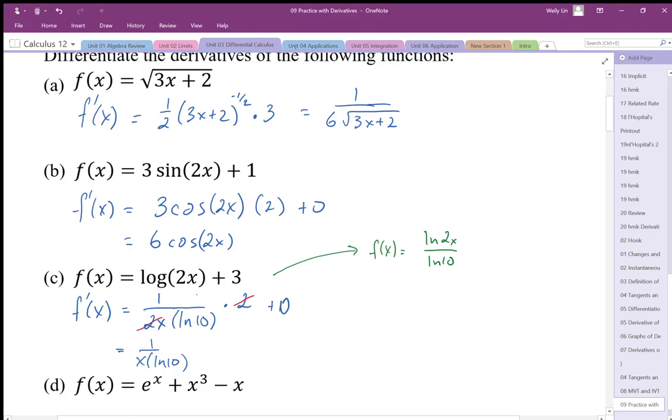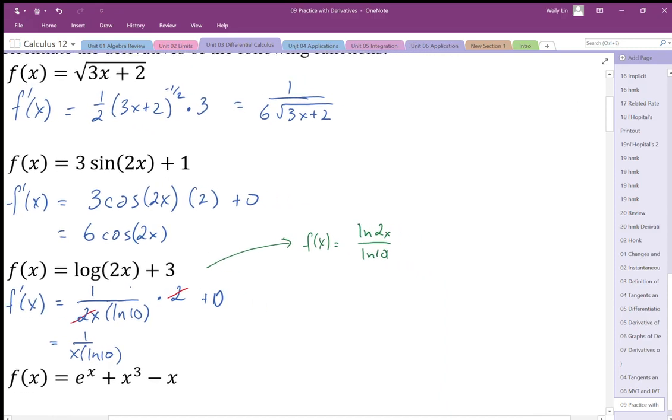Well, the reason why that cancels out is because if we think of log 2x, we can write this as log x plus log 2, all over log 10. I'll just write that as 2 separate fractions here.